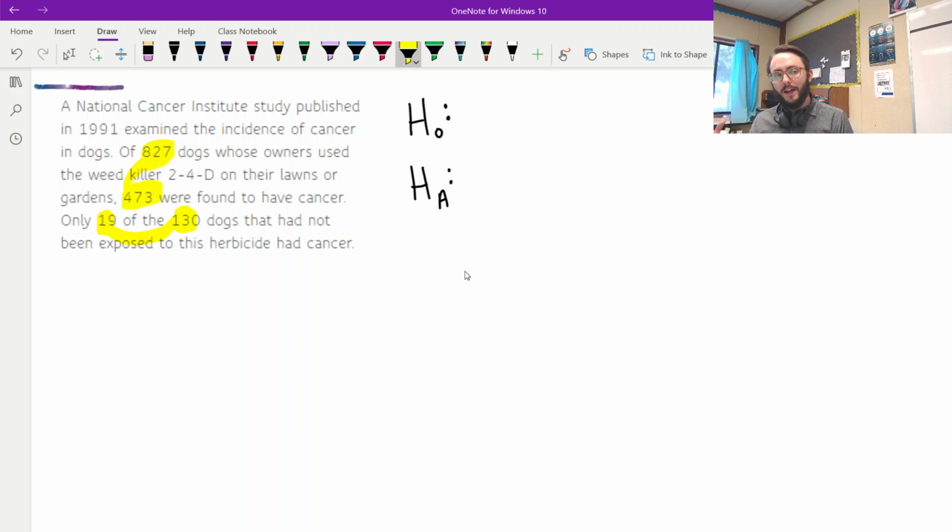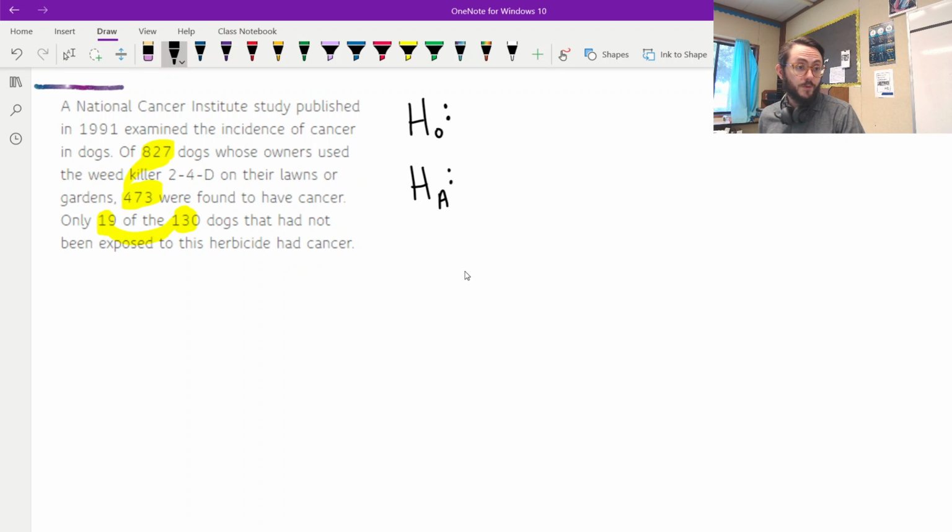So we don't have some overarching proportion or percent of dogs who get cancer. All we have is two different percents. We could describe both of these numbers as percent of dogs who got cancer, right?